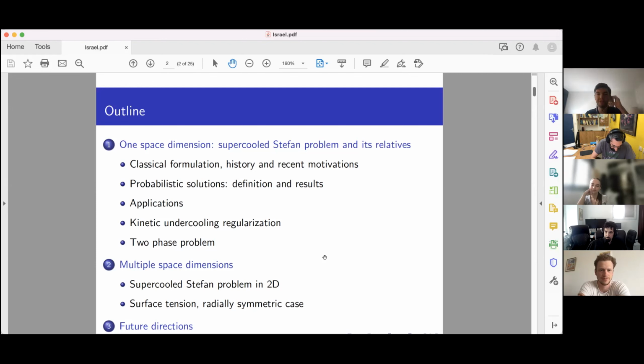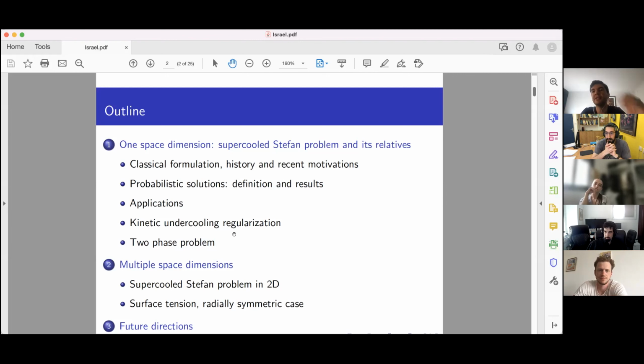And then in the second half of the talk, I'll try to argue that this probabilistic approach is actually much more general, and tell you the current scope of this approach. I'll tell you about two more free boundary problems in one dimension. One is the so-called Stefan problem with kinetic undercooling regularization and a certain two-phase version of that problem.